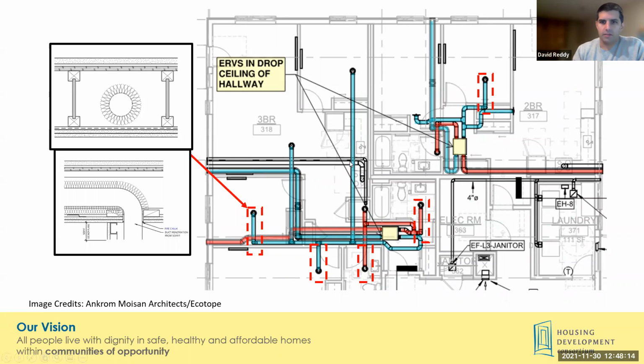The other thing to note here is that the larger units do have in-unit laundry. This shows a ducted dryer to the exterior, which I don't believe that the heat pump or ventless dryers were considered for this project, just based on the timing and the availability of good equipment.